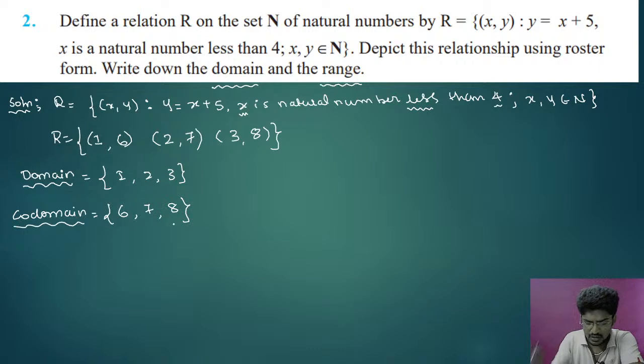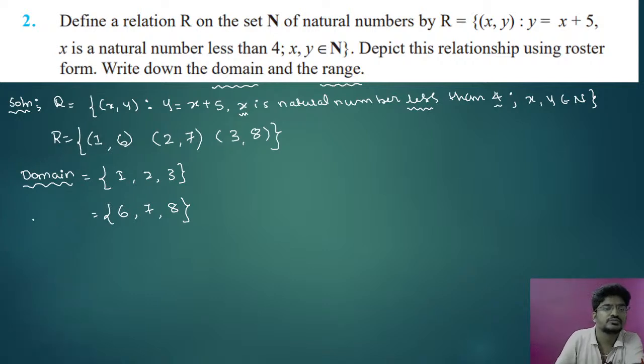Are you clear? Sorry, here they have said it as range. No problem, so let us write it as range. So range is equal to {6, 7, 8}, and domain is equal to {1, 2, 3}.